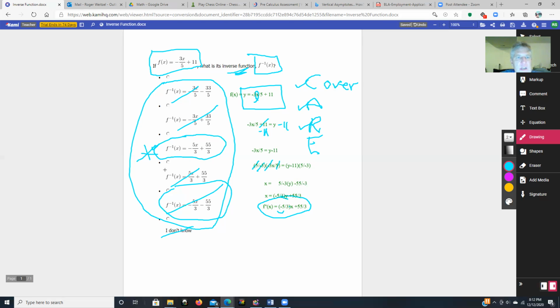A couple of key points here. We start out with a function, and then it asks for an inverse function. It's represented in this way. That means an inverse function.